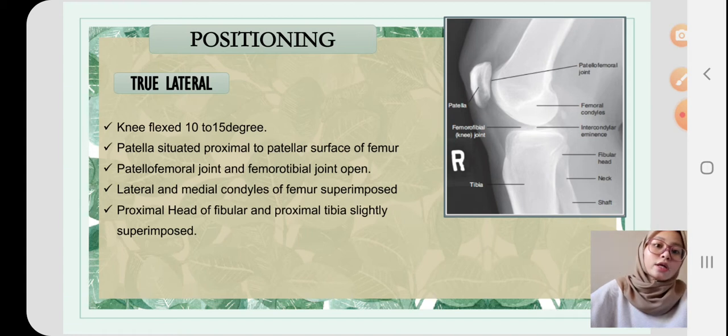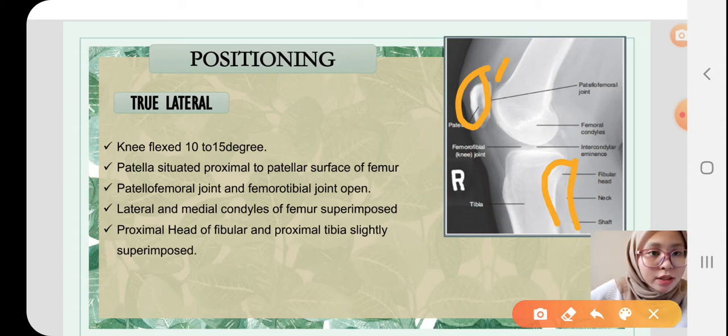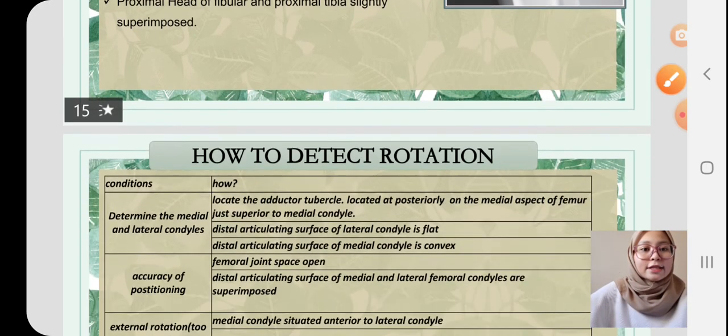The lateral and medial condyles of the femur are superimposed, and the proximal head of the fibula and proximal tibia are slightly superimposed, here about 1/2 of the fibula head is superimposed with the tibia. You can see the patella situated proximal to the patellar surface of the femur, and the femorotibial joint is open, and the patellofemoral joint is open. Next is for the rotation.